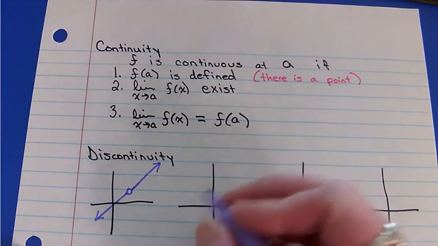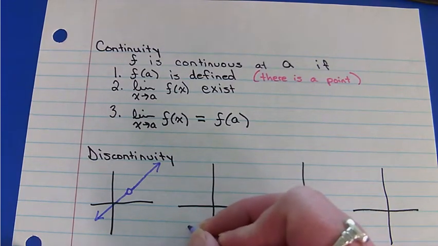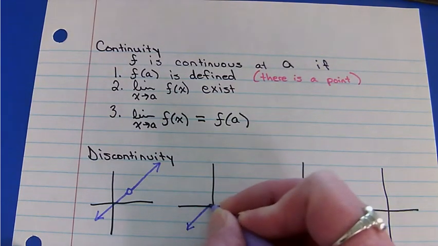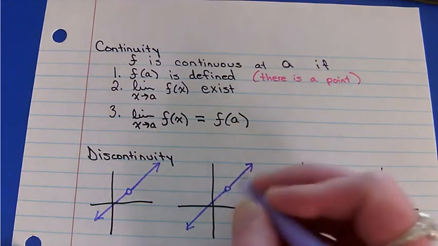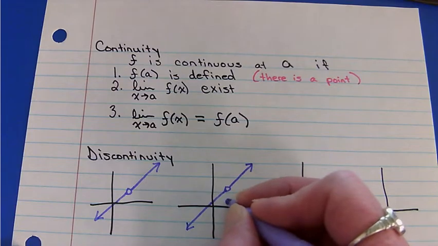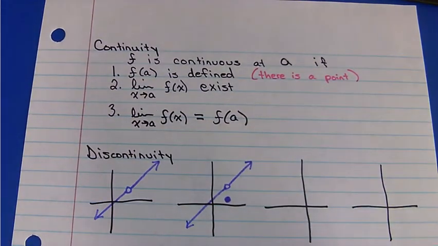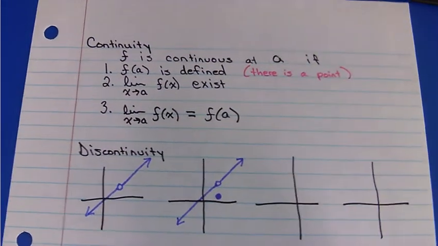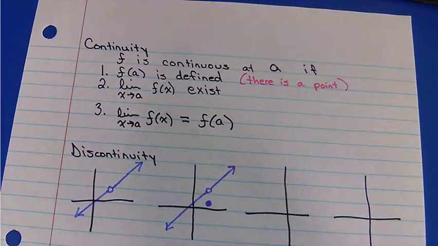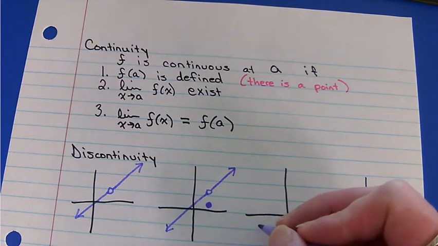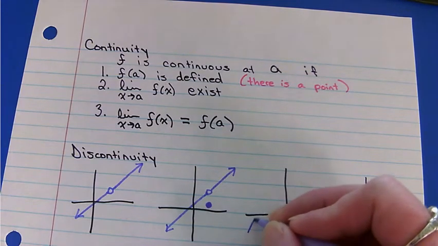Let's do one almost like that one. So here's another example of discontinuity. I have a line, it has a hole, but there is a point that exists, it's just not where it's supposed to be. Another type of discontinuity could be what we saw just a minute ago, where we have the graph going up.